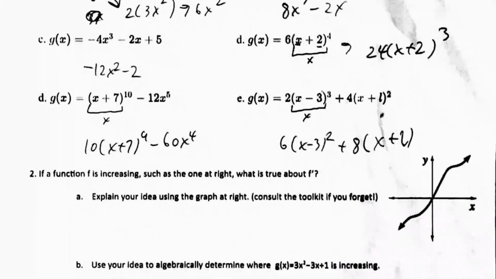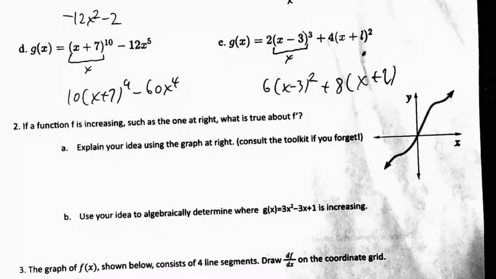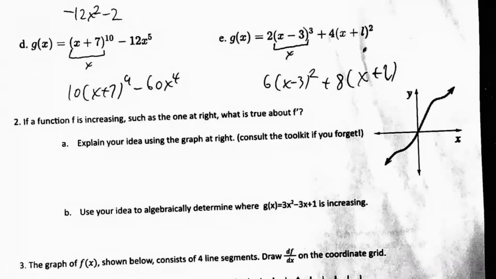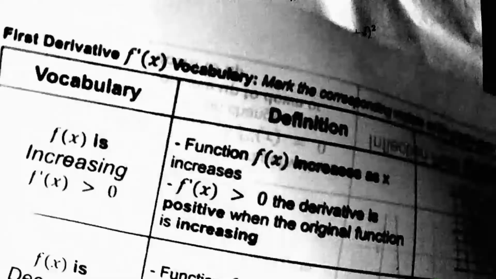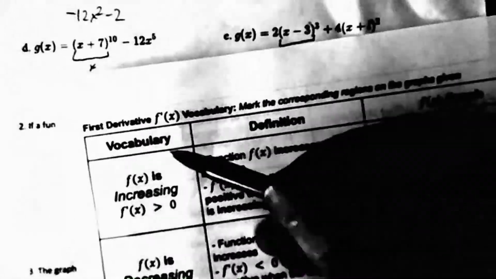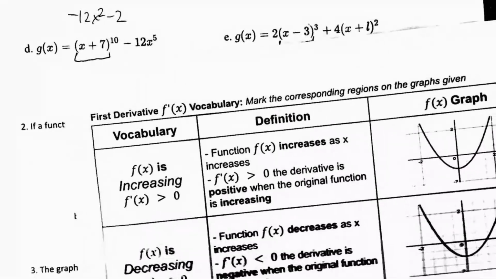Okay. 2. If a function is increasing, such as one on the right, what is true about f prime? So we did this today, or the derivative. We did this today. So you want to look at your sort of vocab sheet. So if the function is increasing, that means the derivative is positive.